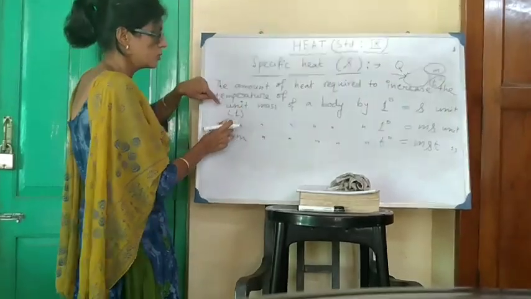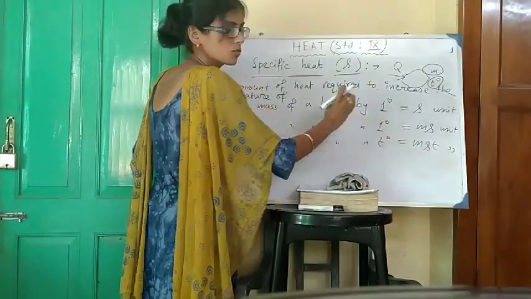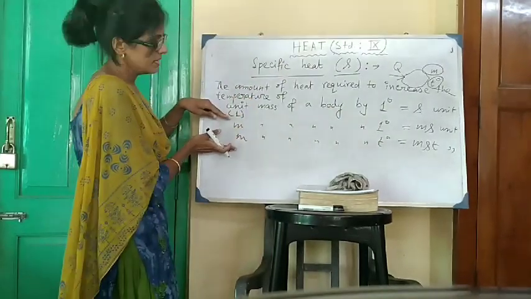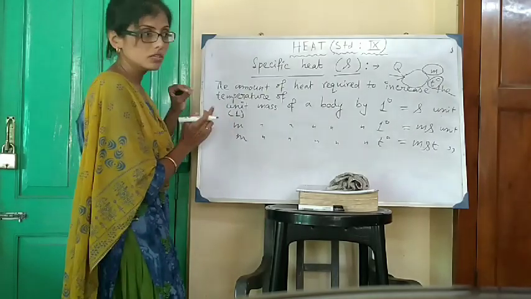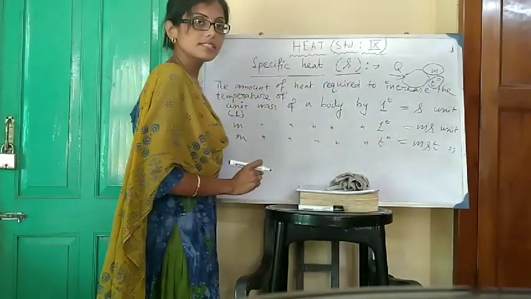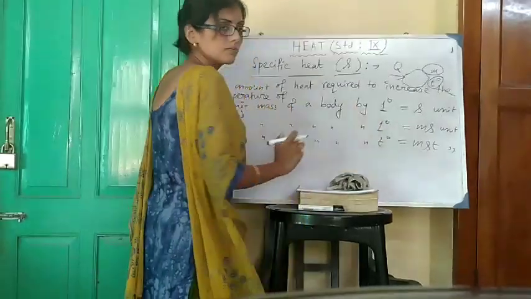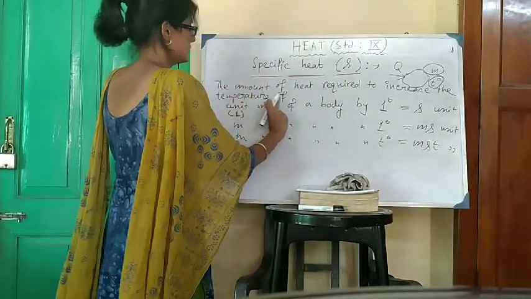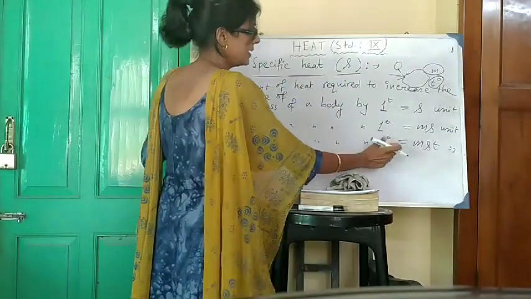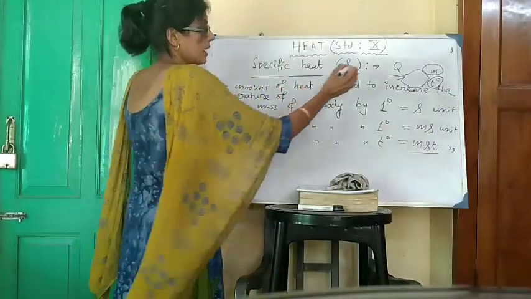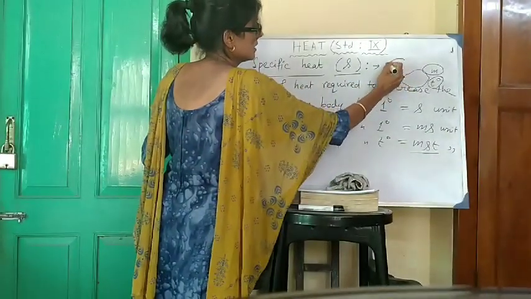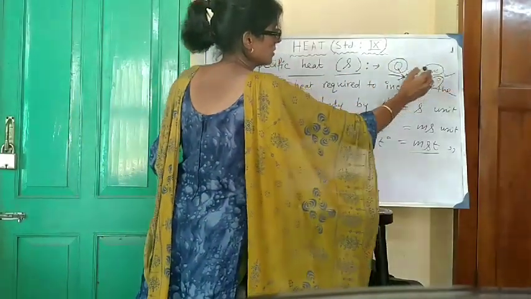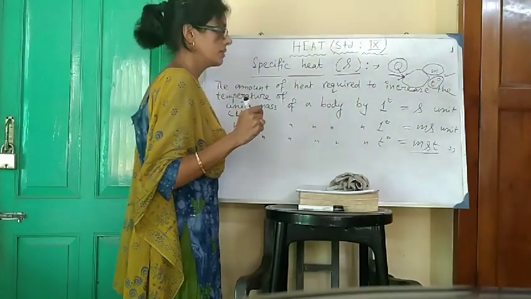In the first two lines, we are keeping the temperature constant, that is 1 degree, applying the unitary method. In the second and third lines, we are keeping the mass m constant, only changing the temperature difference as T degree. So mst by applying the unitary method. We supplied heat Q from outside, such that the temperature difference of the body is T degree and the mass of the body is m.